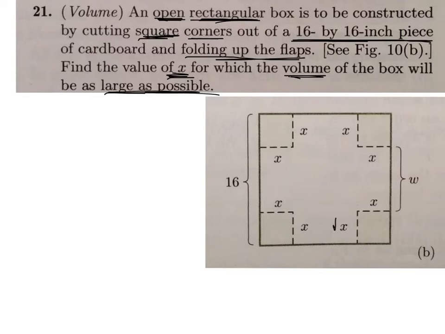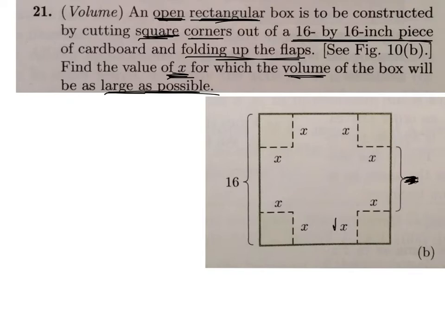The textbook has annotated this a little bit differently than I would have. So I agree that this width is a 16, but I would not introduce another variable. What I would like to do is identify all the sides and all the pieces using x and either x or a number.